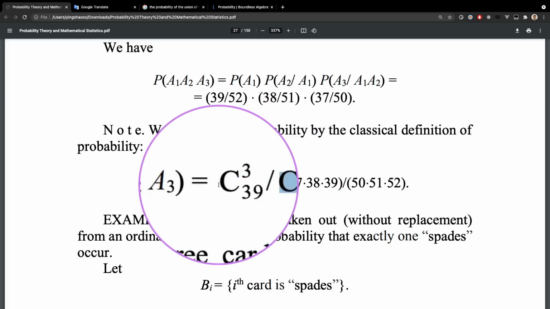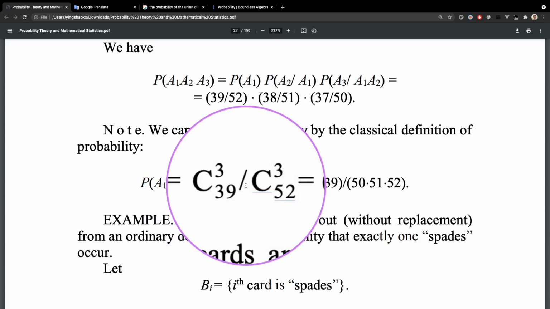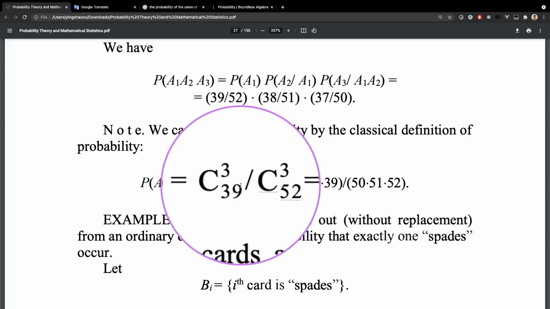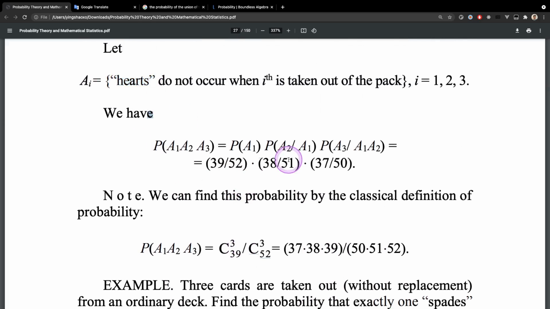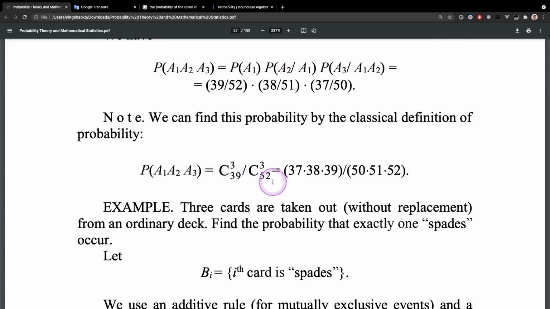And he did a division right here so that he could get the probability of taking 3 cards from 52 cards without having a single heart among the 3 cards. This is a smart way.